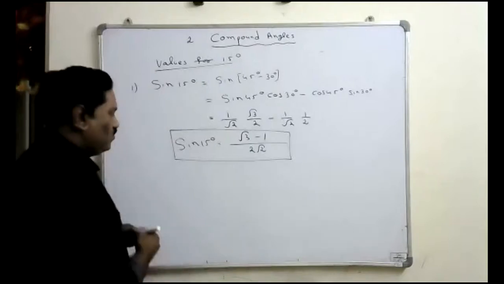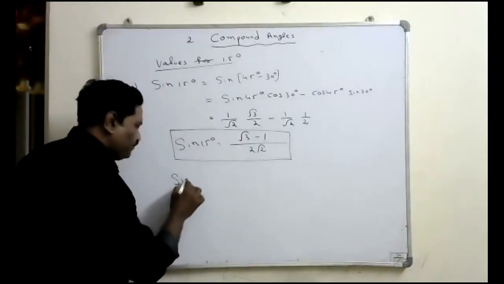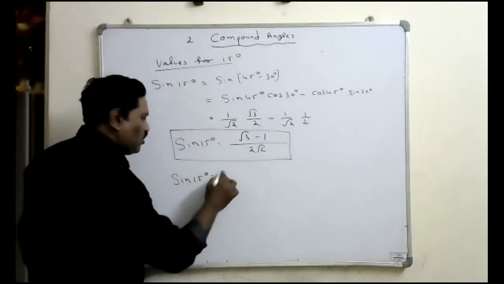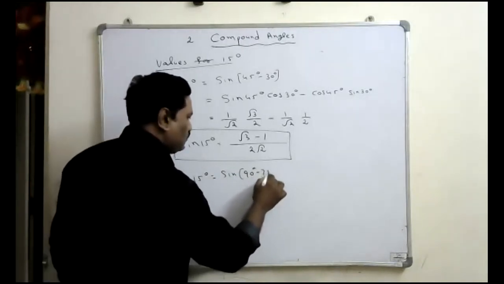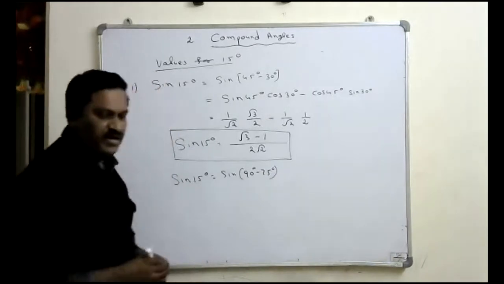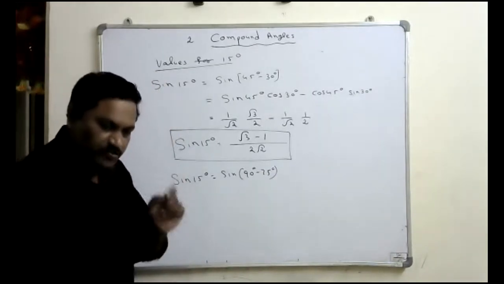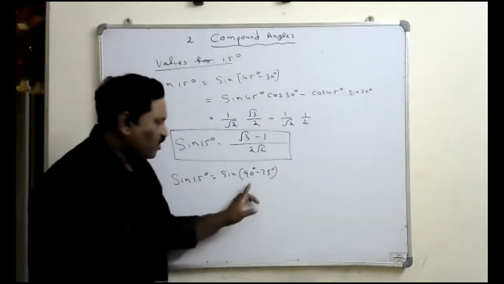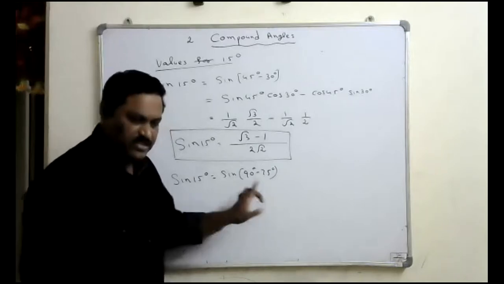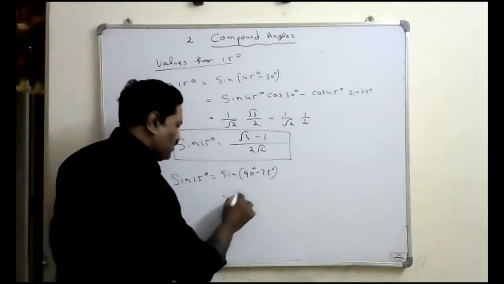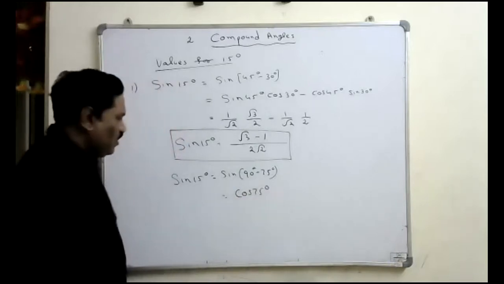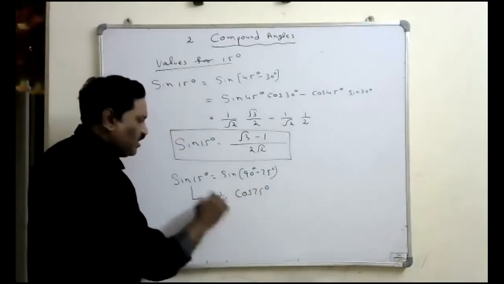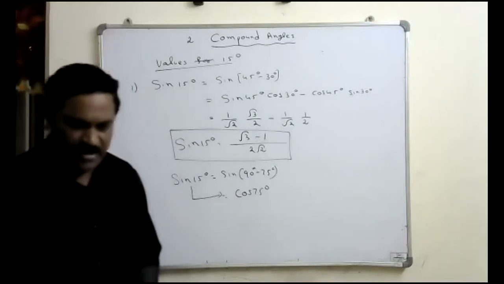Now this 15 degree, I can also write as 90 minus 75, which is also 15 degree, right? When the quadrant angle is 90, sine changes to cos. This becomes cos 75 degree. Therefore, sine 15 degree is equivalent to cos 75 degree.